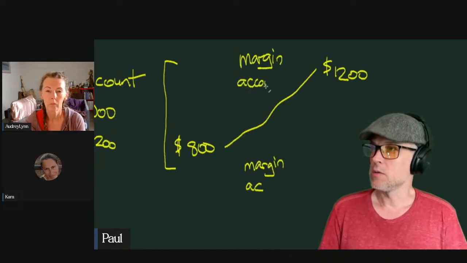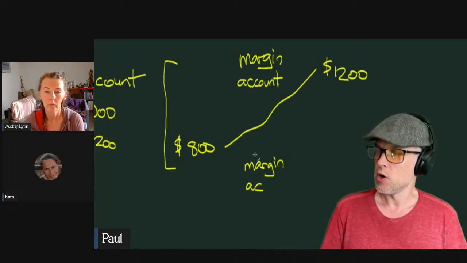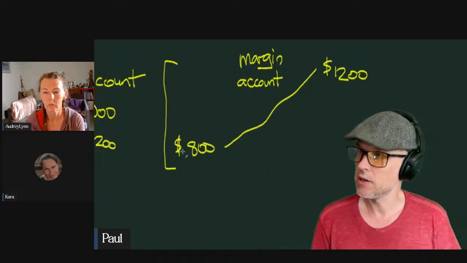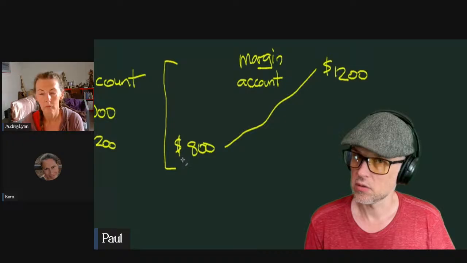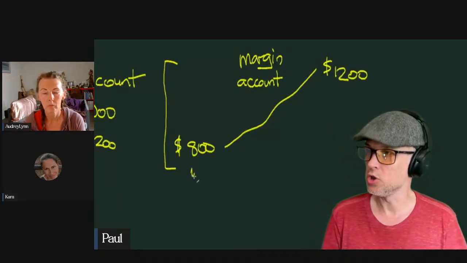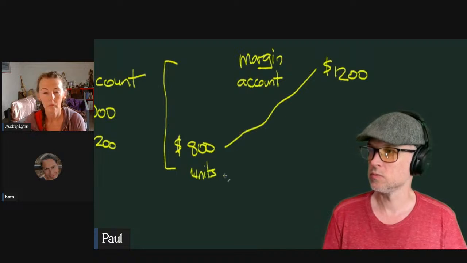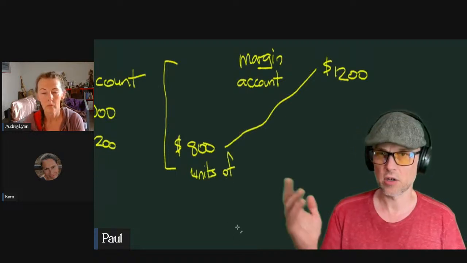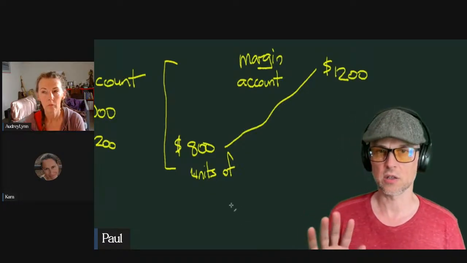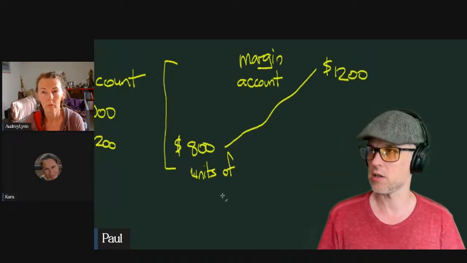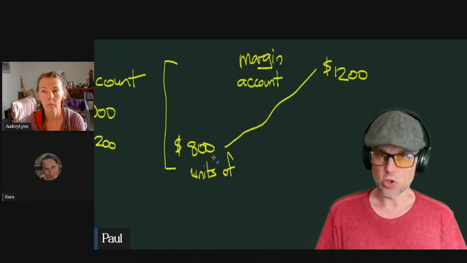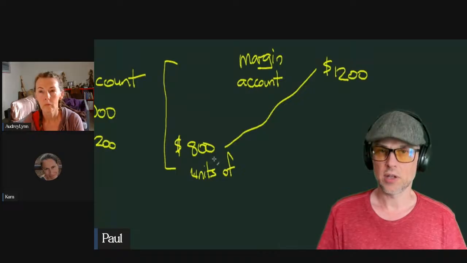Now, how is this margin account denominated? Because if you're buying something, you're not holding the dollars anymore, right? It's $800 worth. But what did you actually buy? Well, that is going to be units of the instrument, whatever it is. So let's say, for instance, we're going to use the example of foreign currencies just because it's a little bit simpler than trying to figure out stocks and all that stuff. So let's say it's $800 worth of US dollars worth of Canadian dollars.